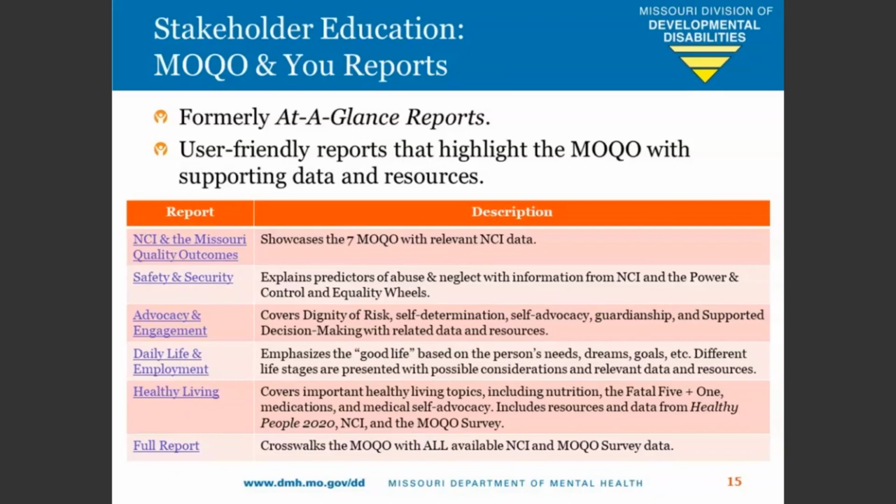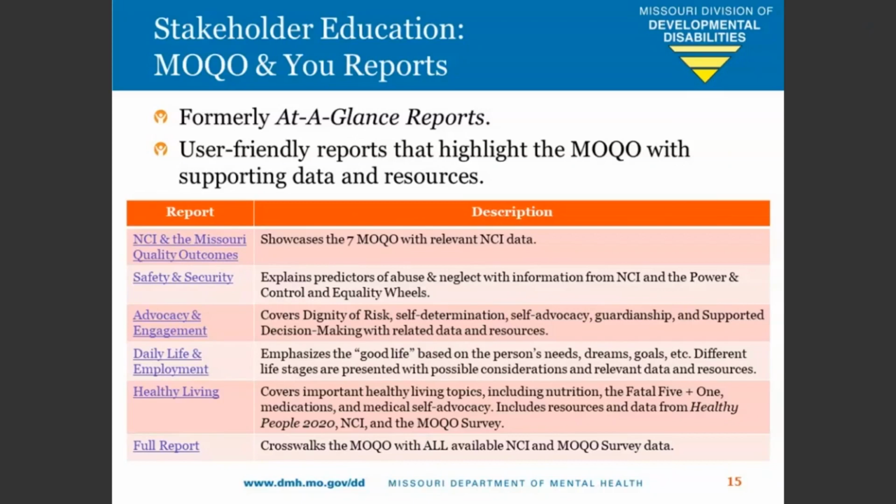We also have a report on daily life and employment. It is our newest report and is probably my favorite out of all of them. It follows the life trajectory that was created by the Life Course framework.